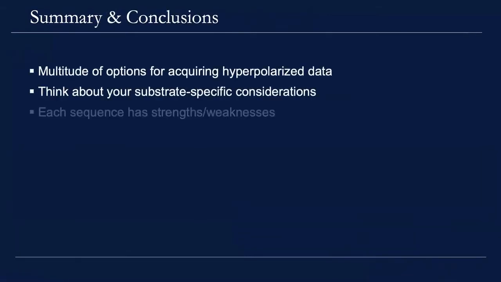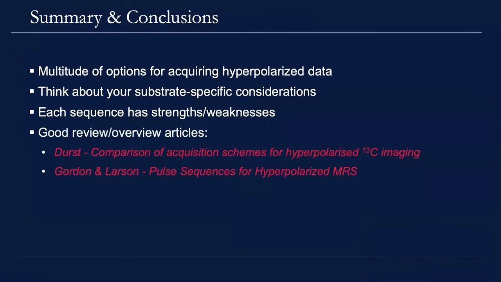So yes, there are plenty of ways to acquire your data. Really, the right sequence to employ will depend on what substrates you're looking at. Acquiring data for C1 pyruvate will be very different from C2 pyruvate, right? That's the first thing to understand, and once you know that, you can then choose which imaging approach to work with. Each sequence has its own strengths and weaknesses.